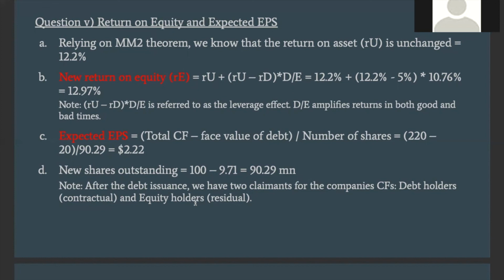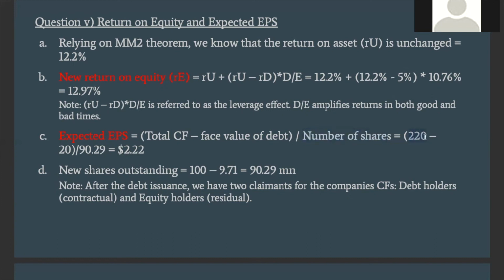So to arrive at the cash flow to equity holders, we need to remove the amount of debt from the total cash flow, and divide that number by the total number of shares in the company. And here again, the total number of shares has changed compared to before because we have bought some of the shares back using the debt.